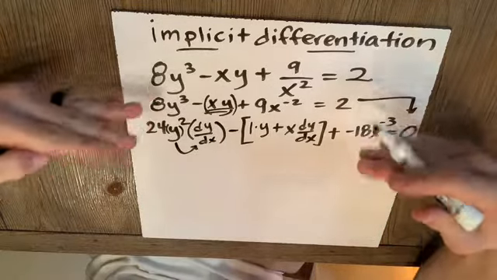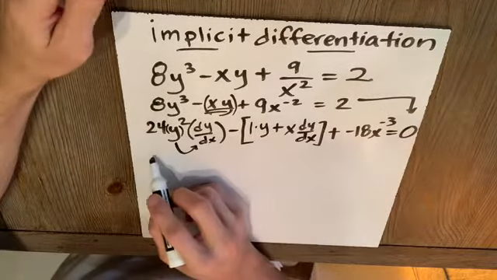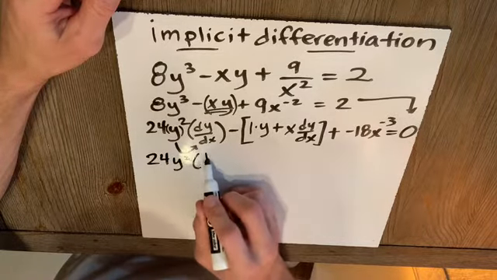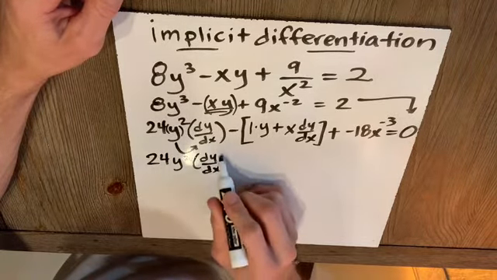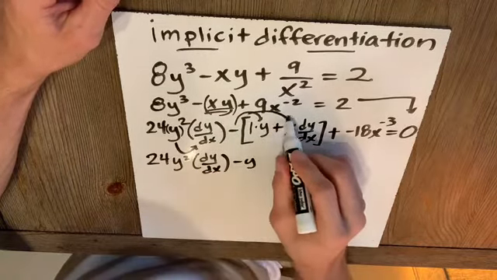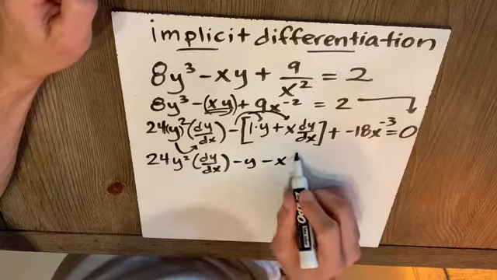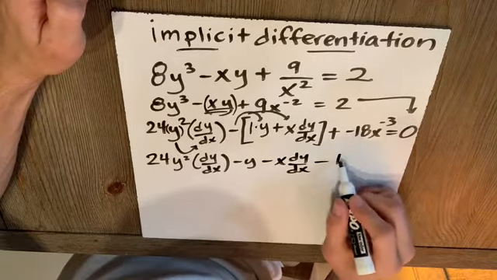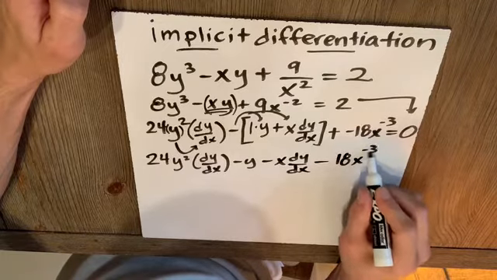But below this line is just algebra. Let me clean it up. 24y squared dy/dx, distribute, minus y, minus x dy/dx, minus 18x to the negative 3 equals 0.